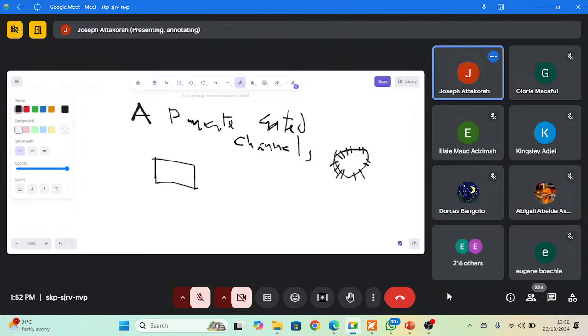These channels contain those ions that go through them, the ions found within the myocardium. And depending upon the movement of these ions, there will be contraction.